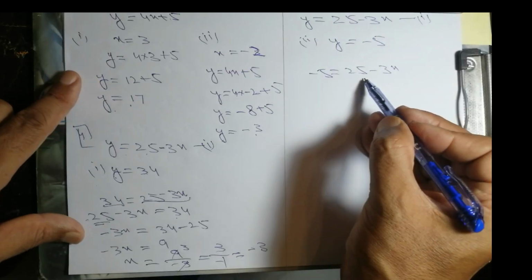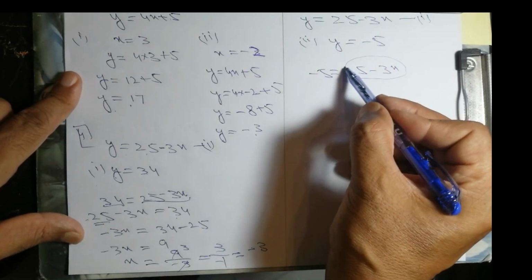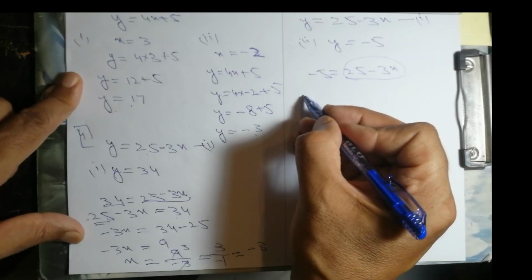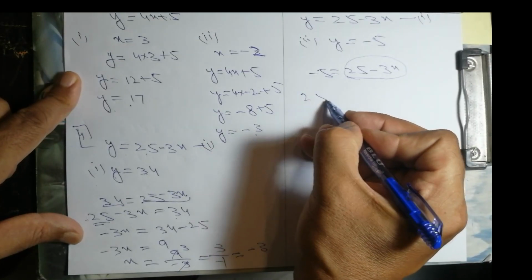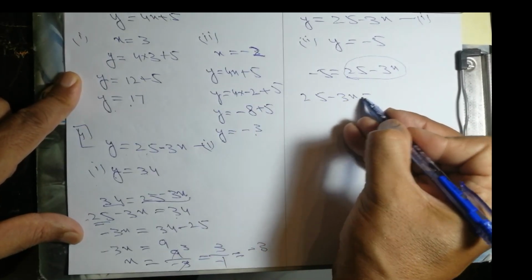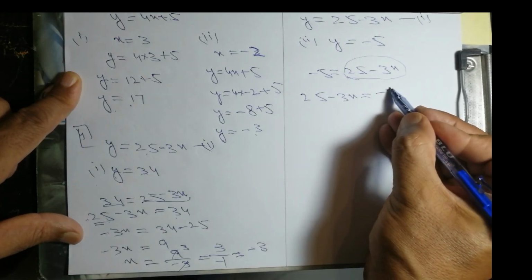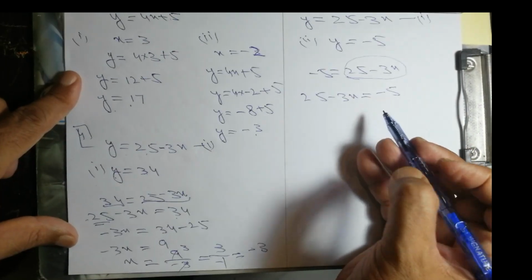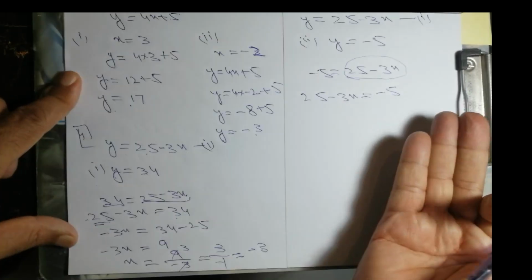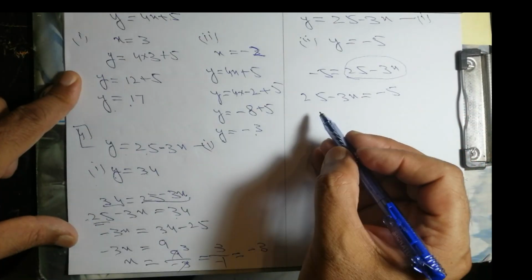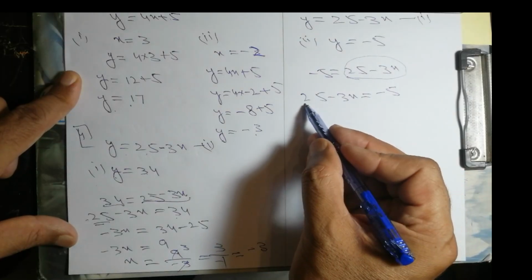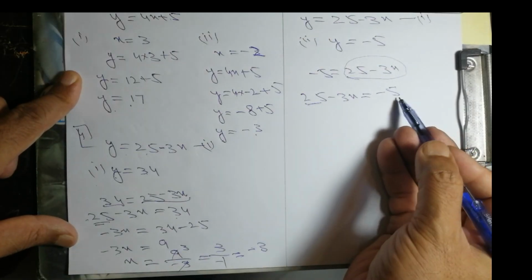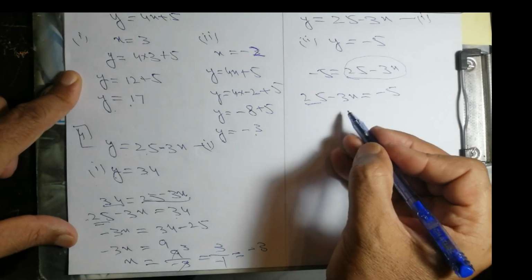We need to find the value of x, so it is better to shift this whole expression to the left side, 25 minus 3x, without changing any sign. When we shift the left side to the right and the right to the left, there is no difference in the sign. Now shift the constant term to the other side so we can find the value of x.